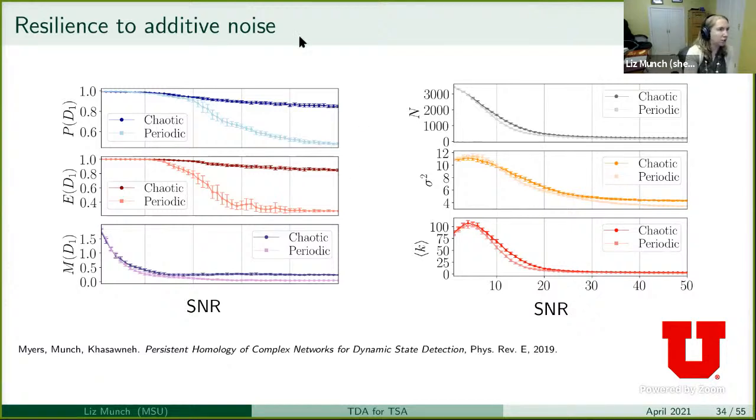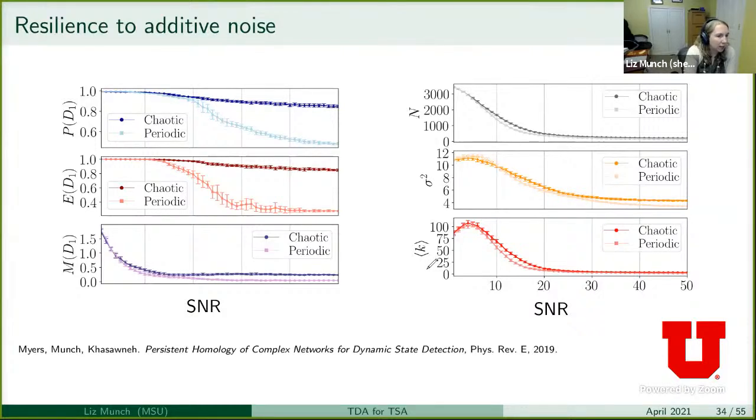So I've got less noise going in this direction, and this is noisy, more noise added to the signal that I'm inputting to this whole procedure. So if I have a signal to noise ratio of 0, then I should expect that nobody's going to do well at all in terms of trying to understand anything about differentiation.